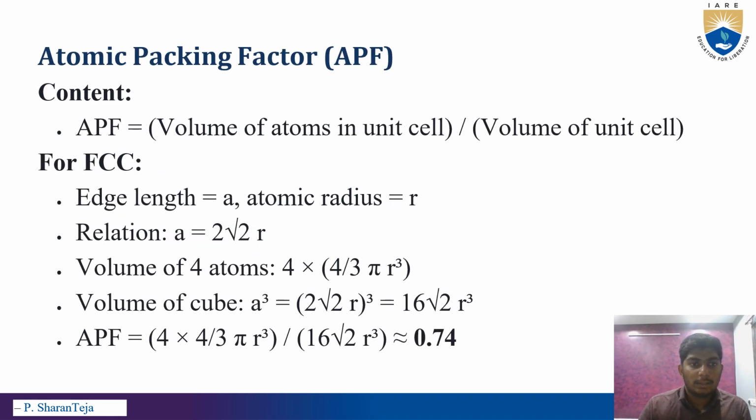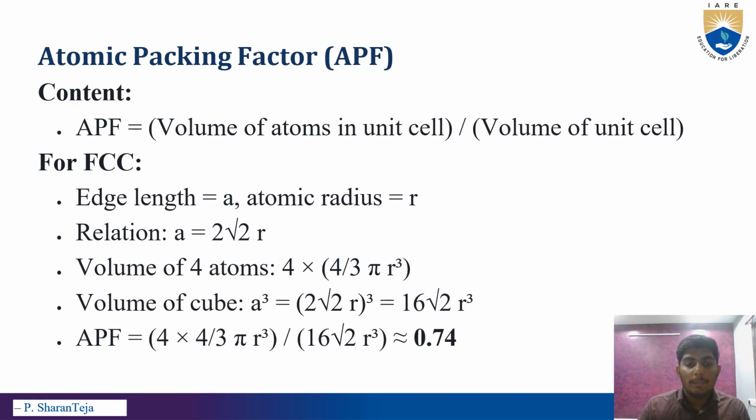Atomic packing factor. The atomic packing factor tells us how much space inside a crystal is occupied by atoms. APF is equal to the volume of atoms in the unit cell divided by the volume of the unit cell. For FCC, the volume of 4 atoms is equal to 4 into 4 by 3 pi r cube. Unit cell volume a cube is equal to (2 root 2 r) whole cube, which is equal to 16 root 2 r cube.